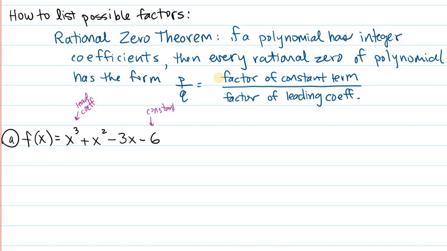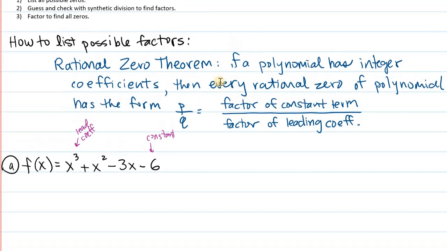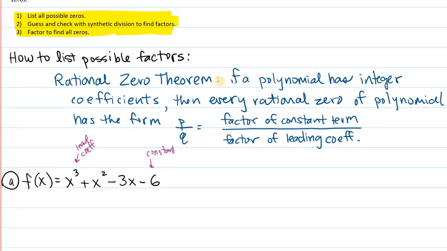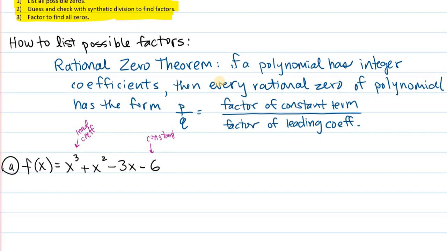Okay, so if we go back to our list right here, we're going to list all the possible zeros. We're going to guess and check with synthetic division to find factors. For this problem, all we're going to do to start is just list all the possible zeros.